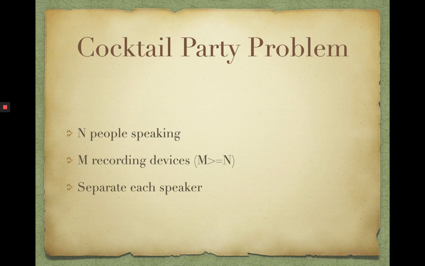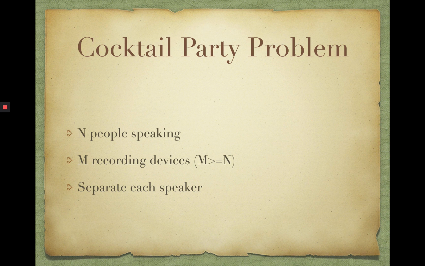And you want to be able to separate out each speaker, what they're saying, from the noise. Now, if you've ever been in a crowded room with a lot of people talking, you can try to home in on somebody and concentrate on them and try to block out what other people are saying. And you can mostly get the gist of it as long as they're close enough. That's your brain doing this exact problem.